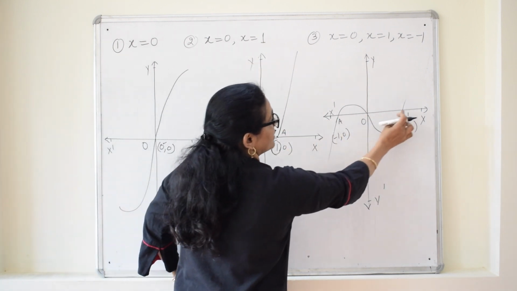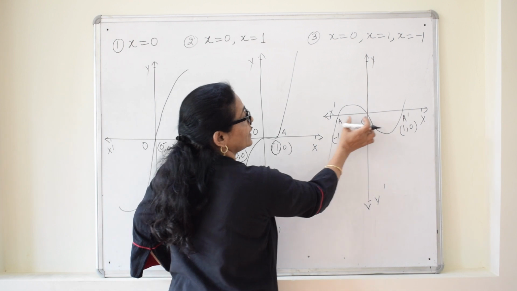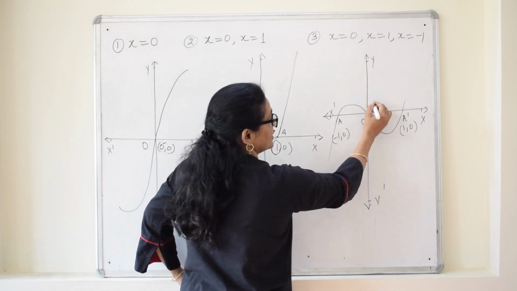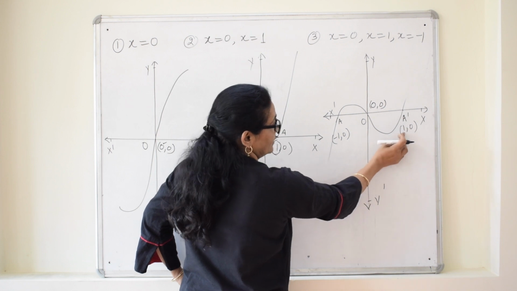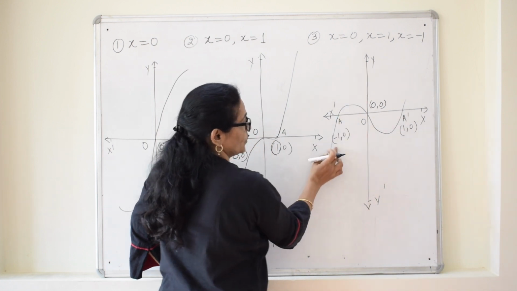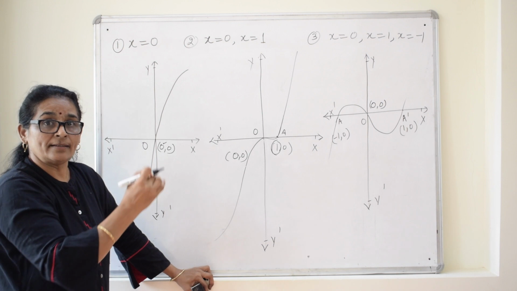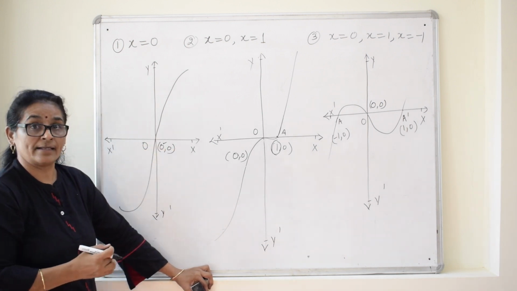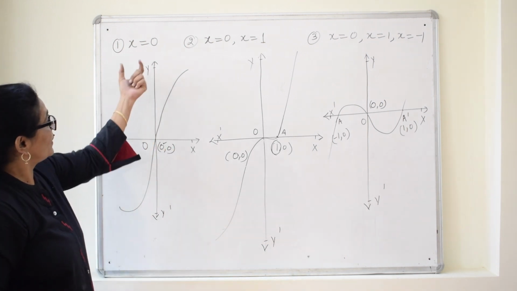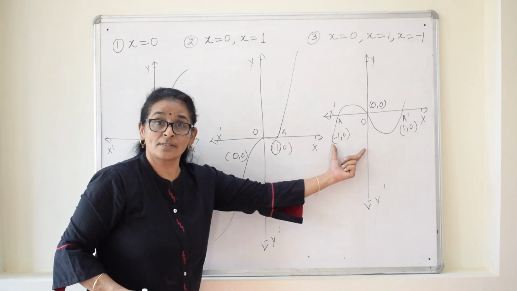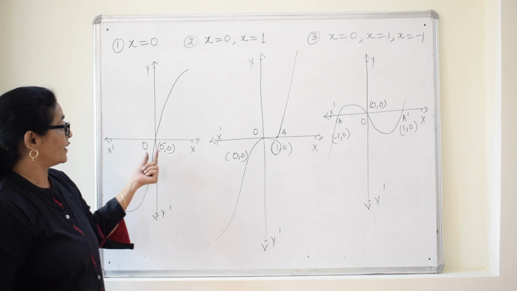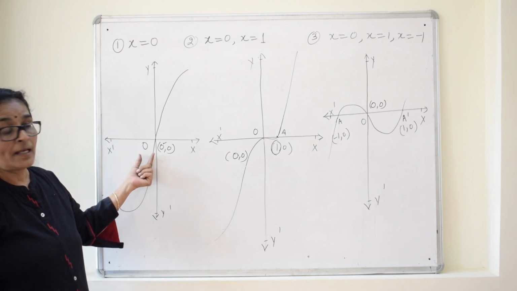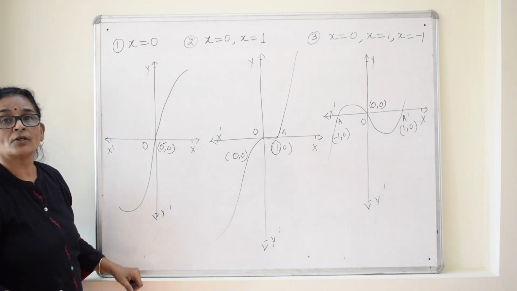In this case there are 3 zeros and all 3 are different. First is x is equal to 0, second is x is equal to 1, and the third is x is equal to minus 1. So all these 3 cases are telling us that a cubic polynomial can have at most 3 zeros, it can have 2 zeros, or it can have 1 zero. So these are the curves for cubic.